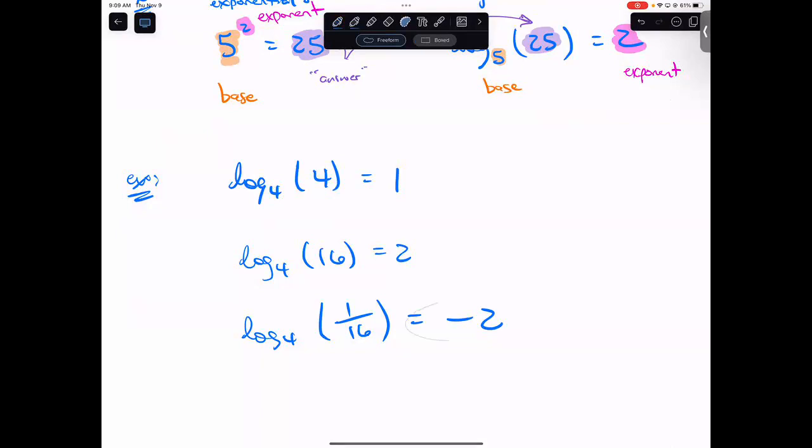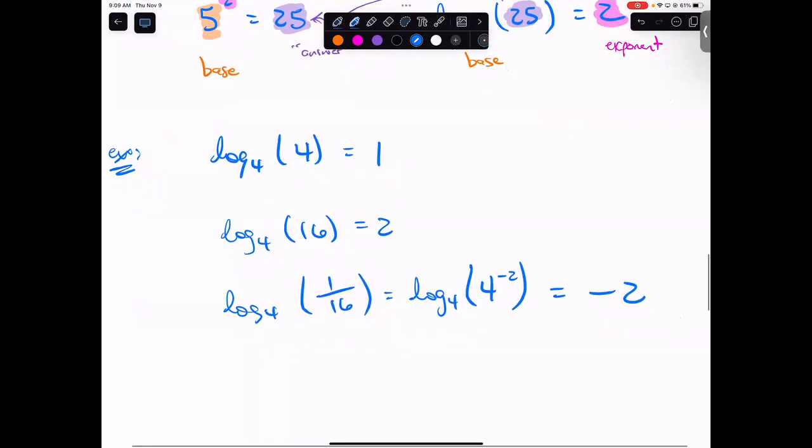So what's happening there is that, if you want an intermediate step to see where this came from, it's the log base 4 of 4 to the minus 2, right? 1 over 4 squared, so 4 to the minus 2, so negative 2, because what the log does is give me the power on 4 that's in here.